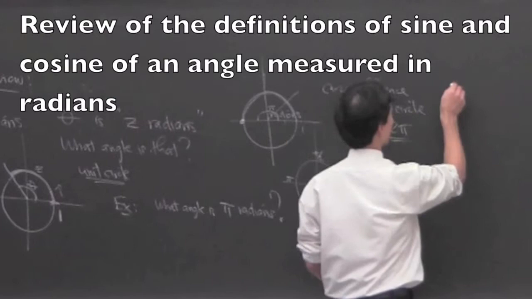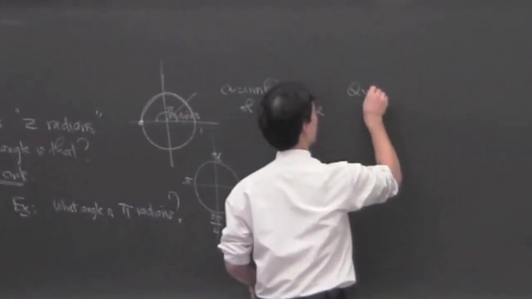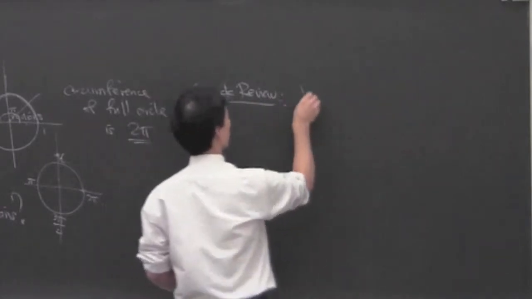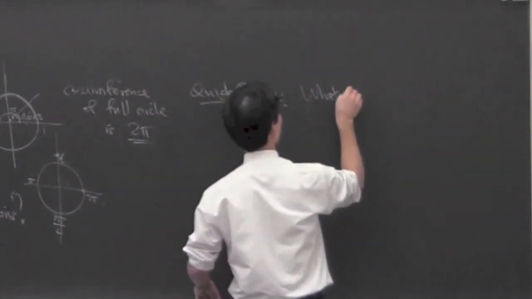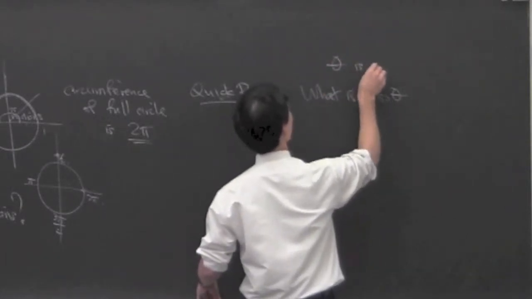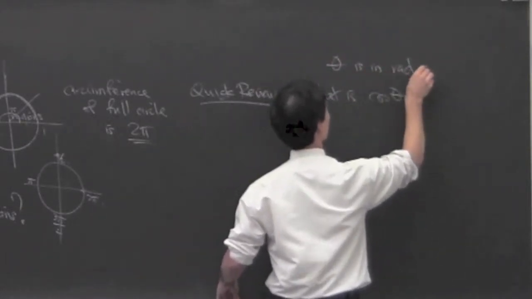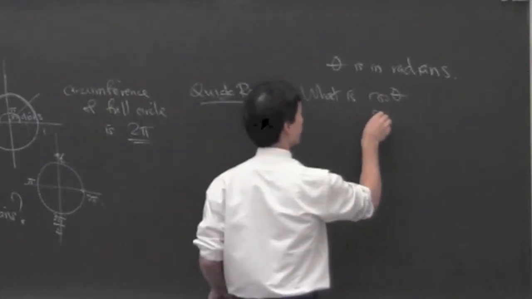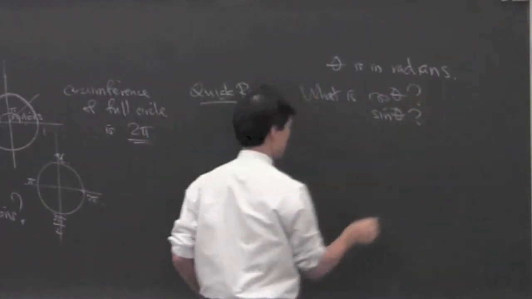Okay, so another quick review: how we define the trig functions. What is cosine of theta? What is sine of theta? Theta is in radians.